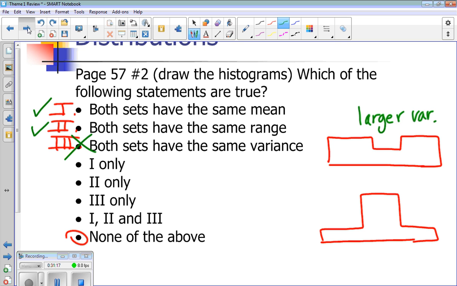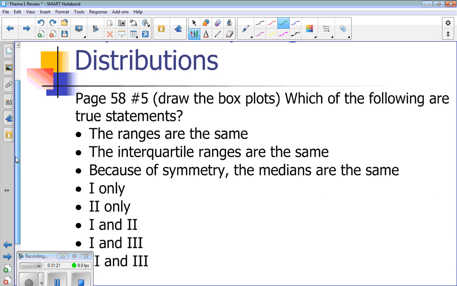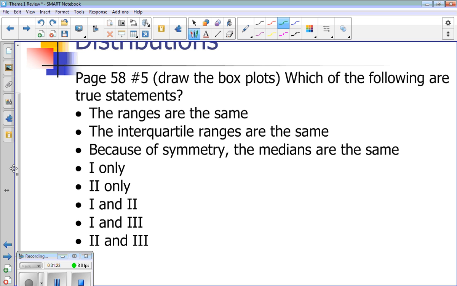All right, next question. Which of the following are true statements about box plots? Let me get an idea of what they were thinking about here. Okay, so I'm just going to draw two box plots.